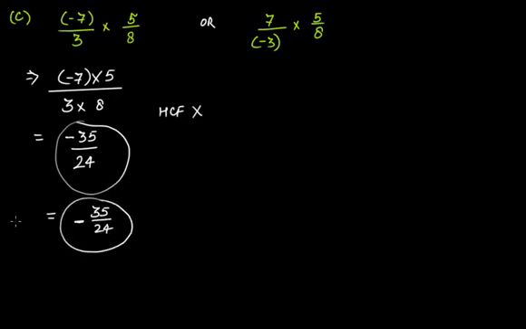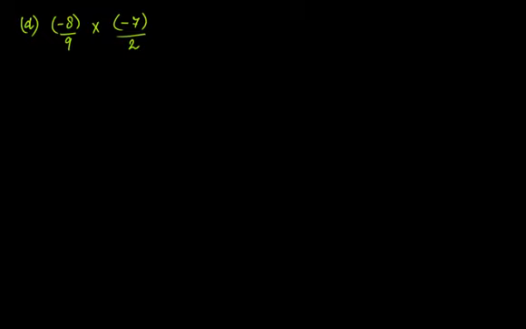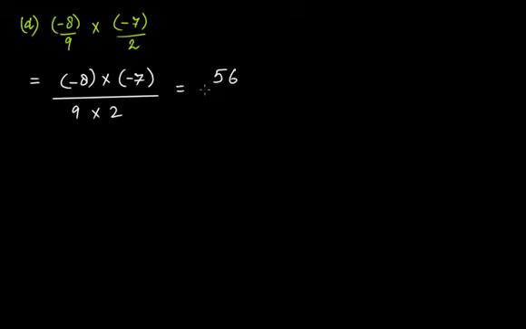Okay, here you have minus 8 over 9 times minus 7 over 2. So minus 8 times minus 7, that is the multiplication of numerators together, and then 9 times 2, that is the multiplication of denominators together. You get 56 over 18.